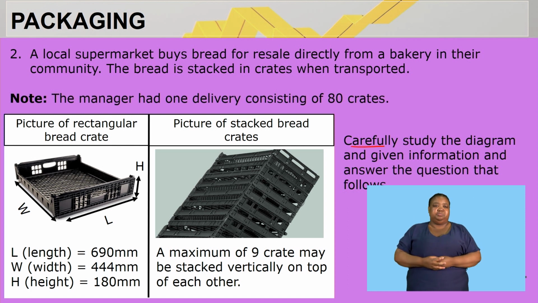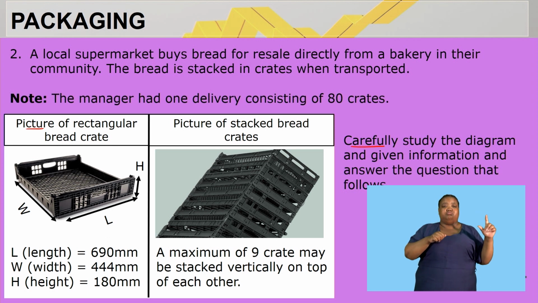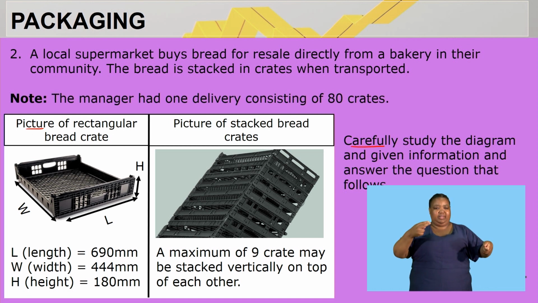Let's look at what is being indicated here. On our left hand side, we have a picture of the rectangular bread crate, okay? With the width, length and height indicated. Length 690 millimeters, width 444 millimeters, and then a height of 180 millimeters.